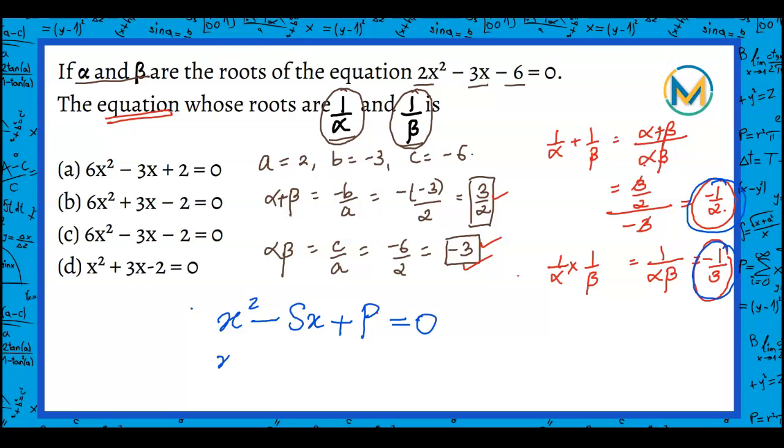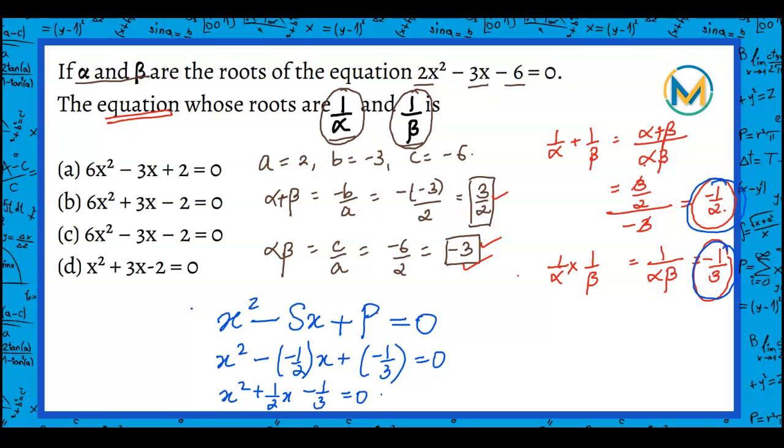Sum of the roots is this, product of the roots is this. So we'll substitute here. So I get x square minus 1 by 2 x plus minus 1 by 3 is equal to 0. Now we have numbers in the denominator, we will remove that. This becomes plus half x, this becomes minus 1 by 3 is equal to 0.